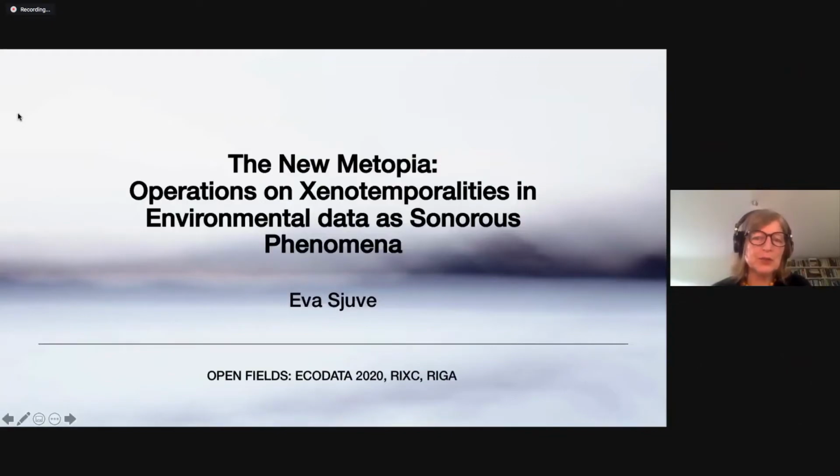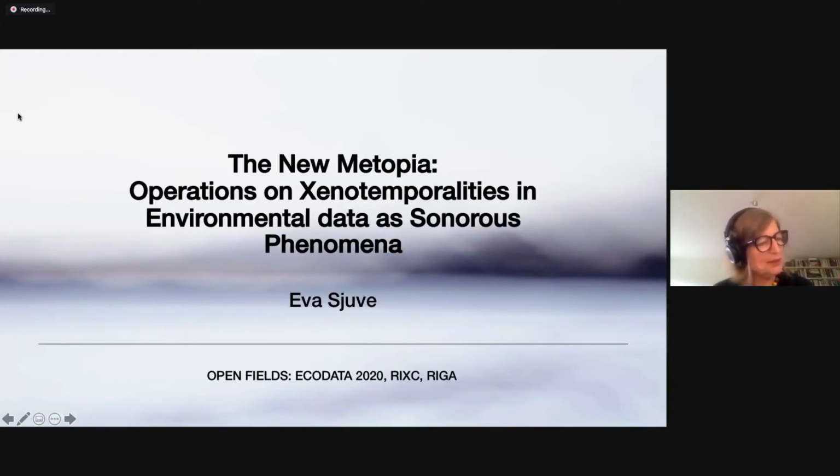I'm going to talk about my project Metopia, which is a series of interfaces for sonification. And over time, I've been interested in different kinds of models, both the perceptual model and machine learning model and the model of atmospheres.